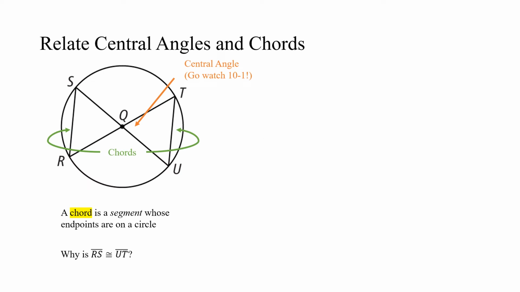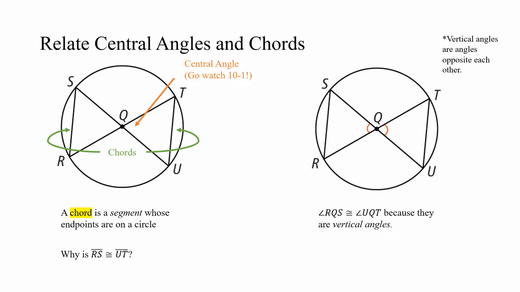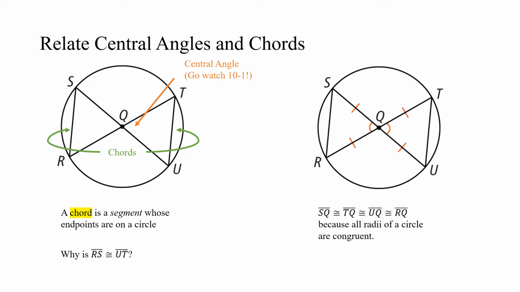So let's begin by looking at the central angles and see what they tell us about the chords, in this case SR and UT. In circle Q, angle RQS will be congruent to angle UQT because they are vertical angles. Secondly, SQ, TQ, UQ, and RQ are all radii of the circle, and because of that, they are congruent to each other.